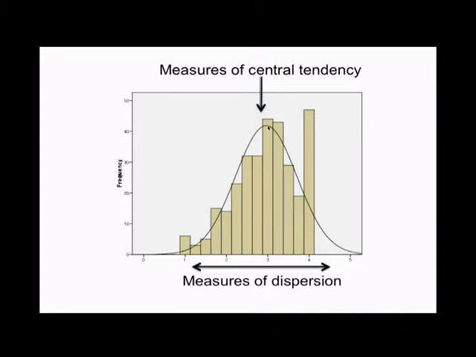Well, that's a very different picture from having a classroom where you have 100 people that are exactly 35 years old. Or you might have anything in between, where some people are 30, some are 40, some are 50, where it's spread out. So you need another measure to really describe the distribution. And that's a measure of dispersion, how spread out your scores are.